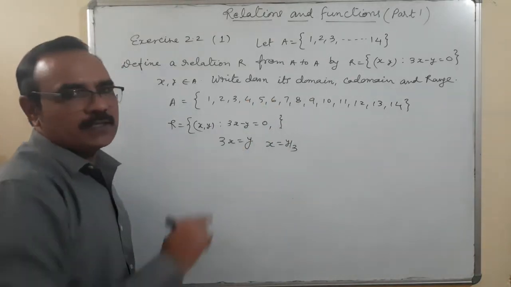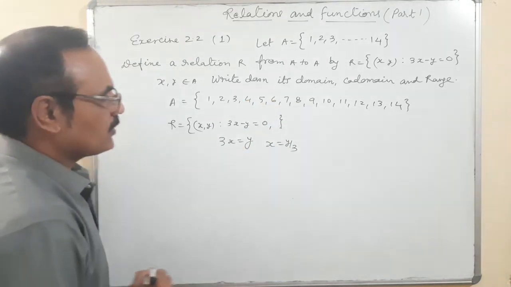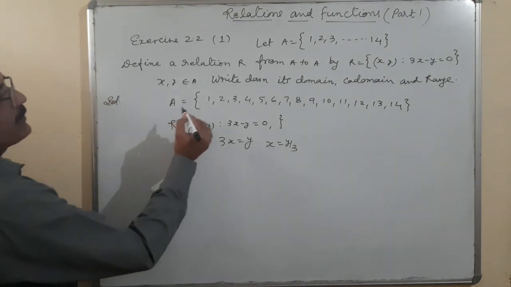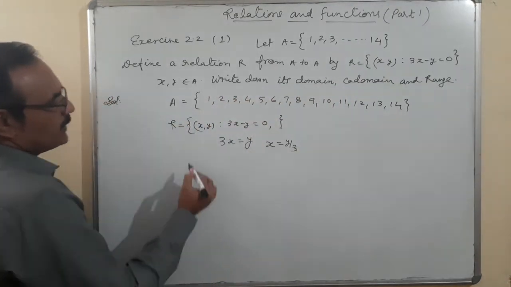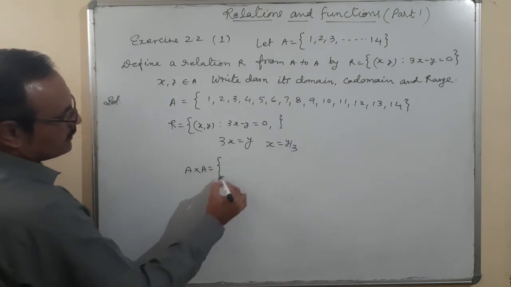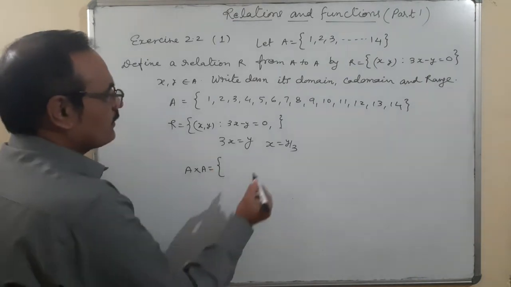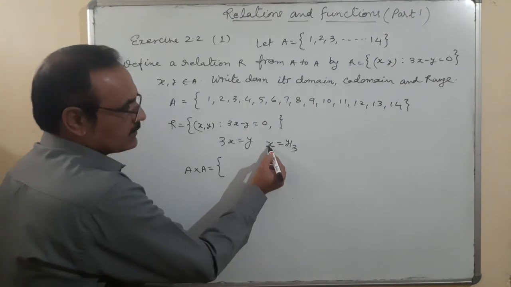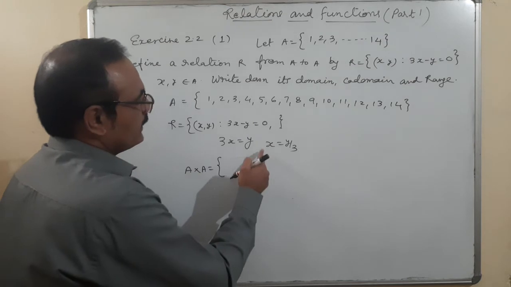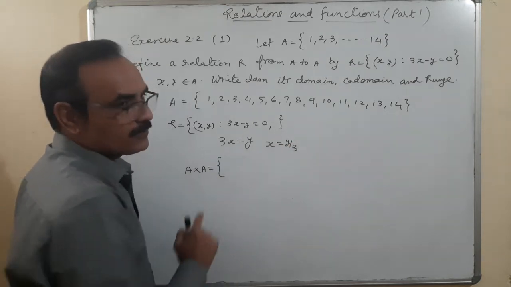When we are making a list of the ordered pairs of the Cartesian product, how do we make it? So A cross A, if I want to write here, whatever you take as x, the second y will be 3 times it.